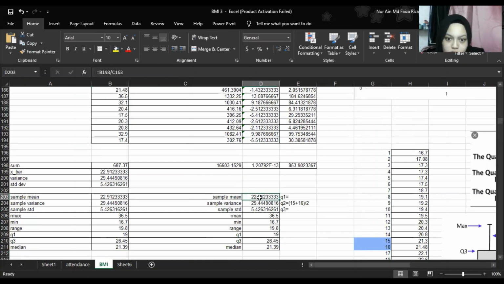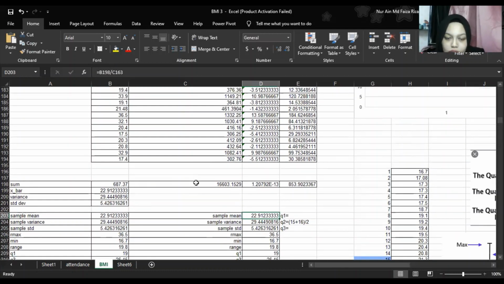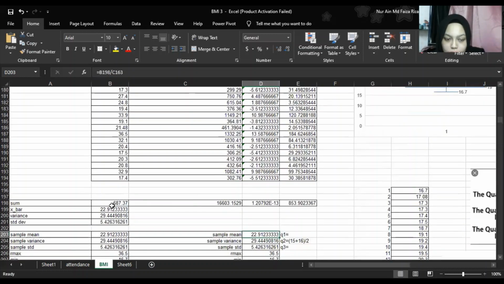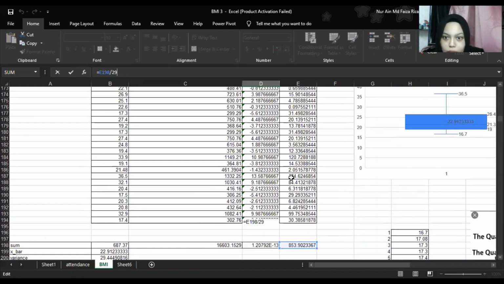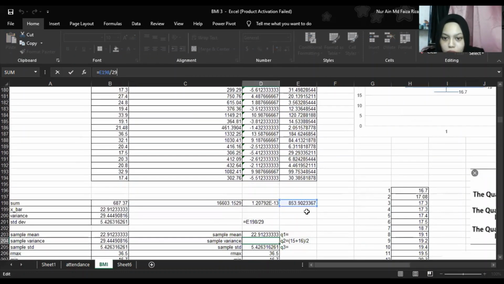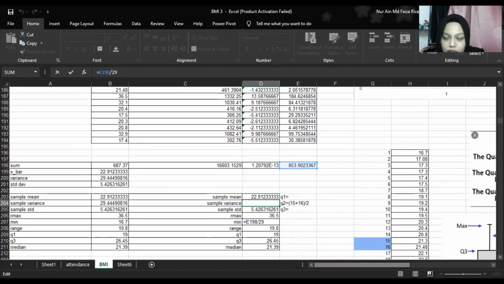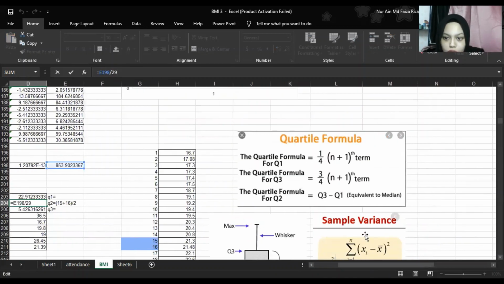For example, I took this sum here and divided by 30, the number of data. For sample variance, I took the sum of x minus x bar squared and divided by 29, because that is the formula for sample variance.